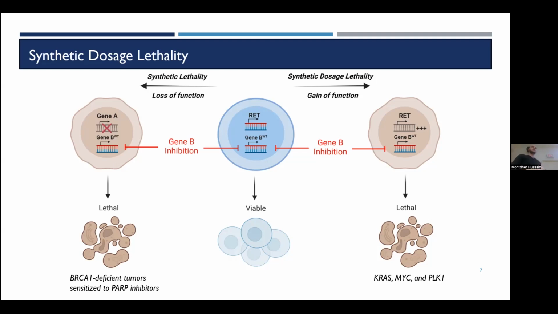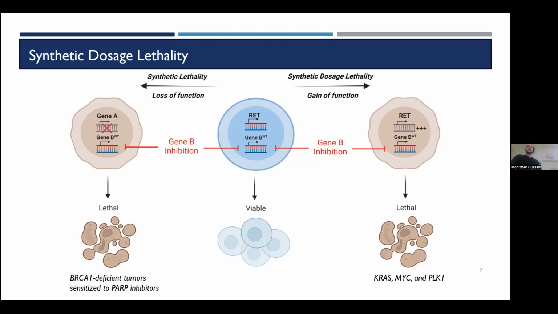However, not all alterations in cancers occur in tumor suppressor genes. They impact oncogenes as well. And so on the flip side, we have synthetic dosage lethality, with gain of function mutations. This is where, if we have an activating mutation in one of your genes, then those cells are sensitized to inhibition of gene B. And so that leads to lethality.